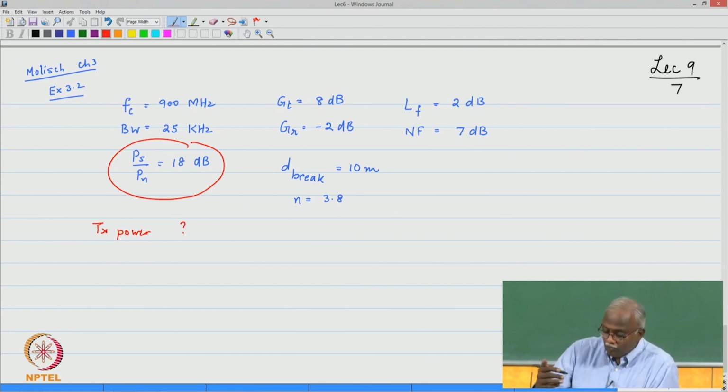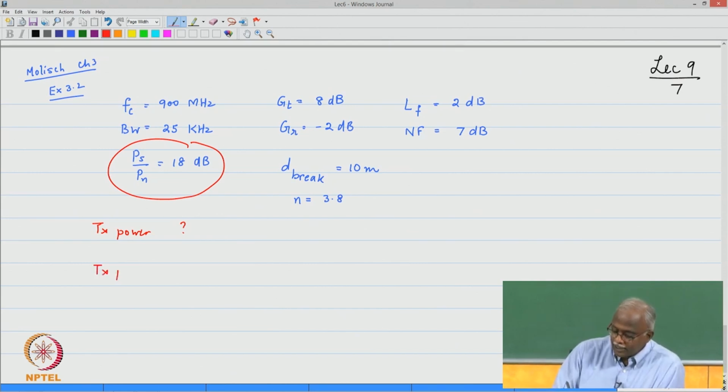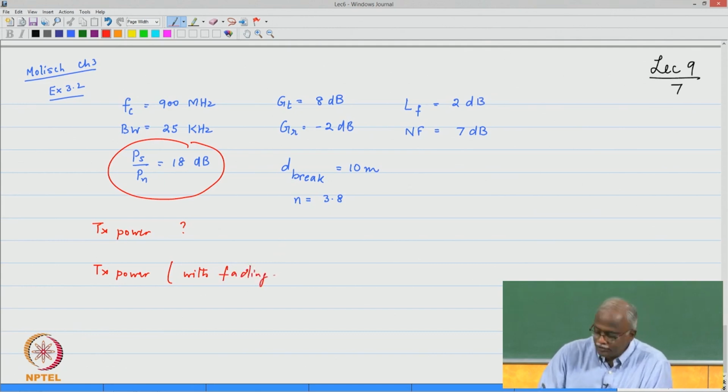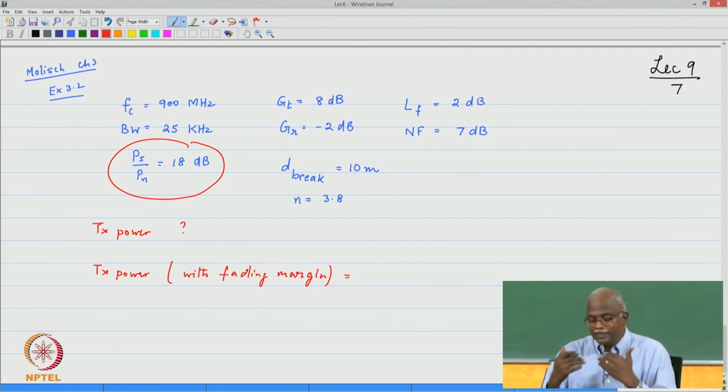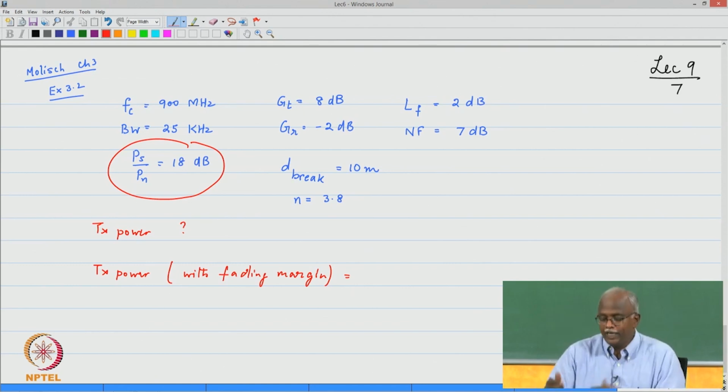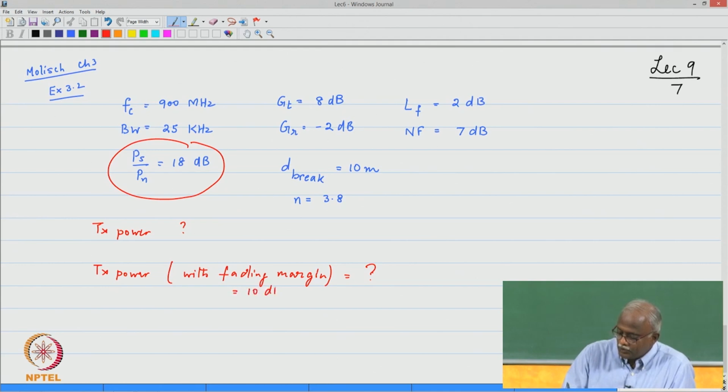Now to make it a little bit more realistic, we would also like to look at what is the transmit power that will achieve this with a fading margin of 10 dB. As we discussed, the role of a fading margin is to make our systems more robust. So when we have a fading margin incorporated into the design, we would have to transmit with higher power. So again, these are two questions that we would like to answer.